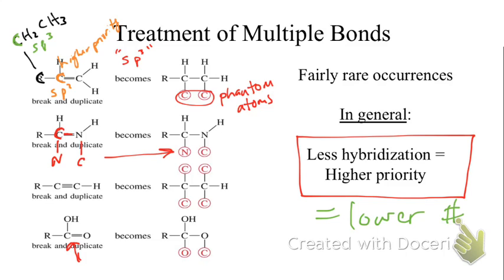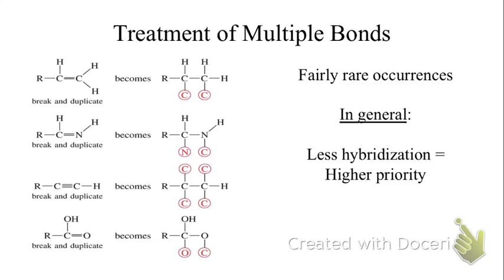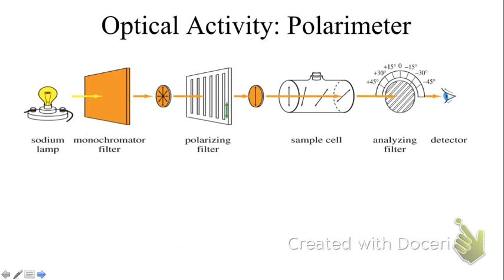Okay. This is the end of our Cahn-Ingold-Prelog absolute configurations. So now what we're going to move into is our, what was it, I can't even remember what they're called now, relative configurations. And we said that had to be found through experiment, and that's using something known as a polarimeter.